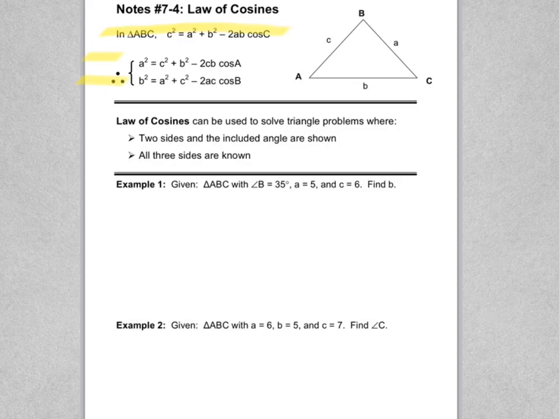A squared will be c squared plus b squared minus 2 times those same two sides, times the cosine of A, which is the angle you're looking for. B squared, use A and C, minus 2AC, and then cosine of B. So it follows a pattern. You just have to kind of remember it.